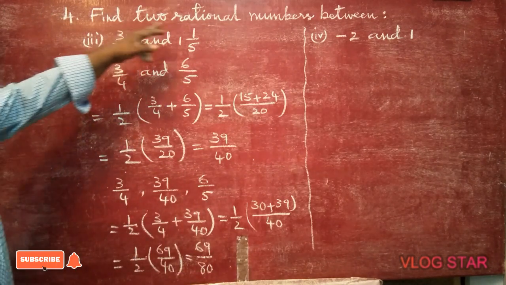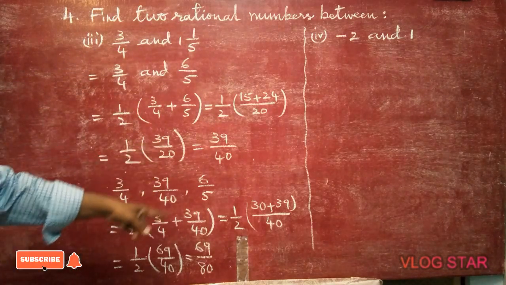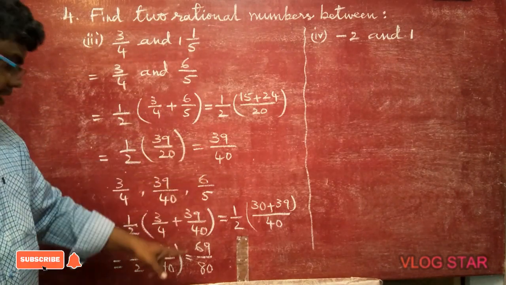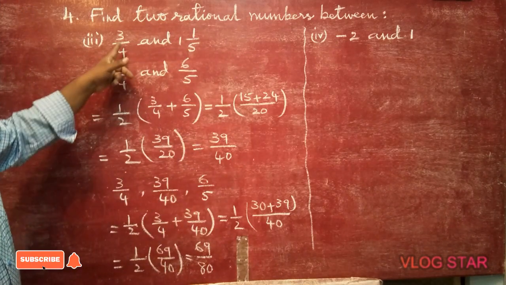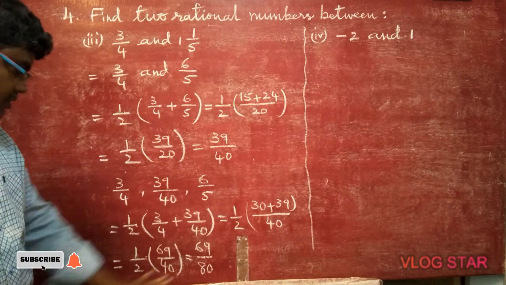Now they are asking for two rational numbers. What are the two rational numbers we got? 39 by 40 and 69 by 80 are the two rational numbers between 3 by 4 and 1 by 5. Write that conclusion.